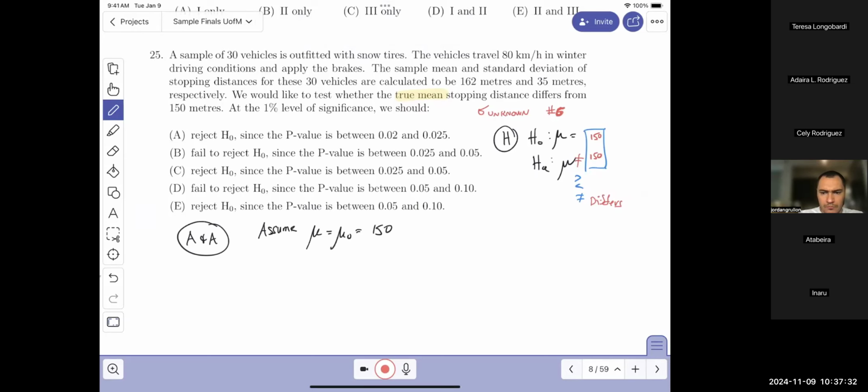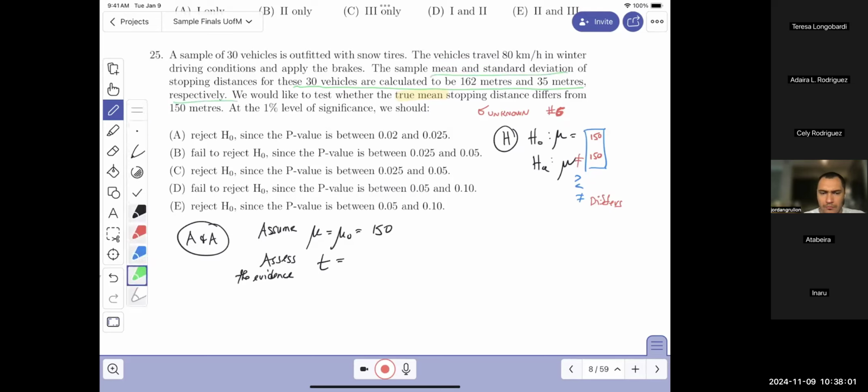And then given the theory, I know that if I standardize the evidence, what is the evidence? The sample result is the evidence.